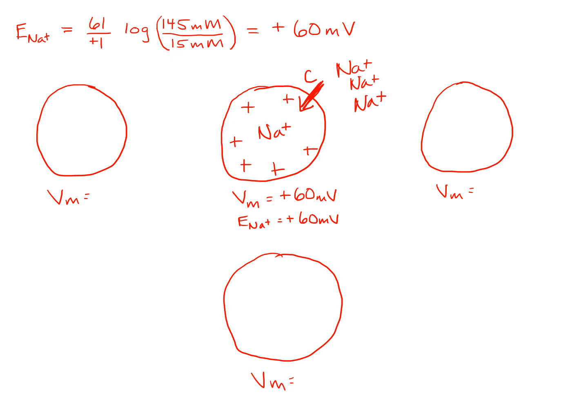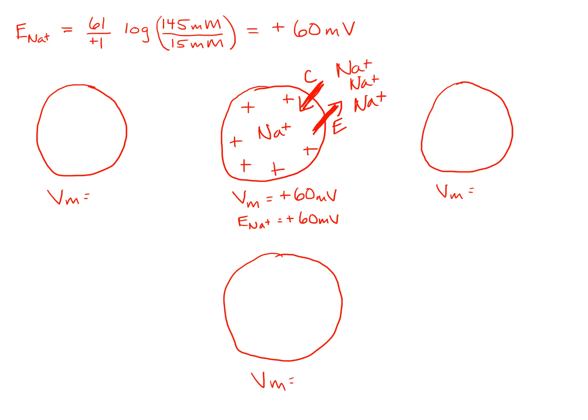Remember that like charges repel each other. So this sodium that's inside the cell would want to leave, and the sodium that's outside would not want to come in. And we're going to draw this arrow the same thickness as the chemical driving force, because we know that word equilibrium.